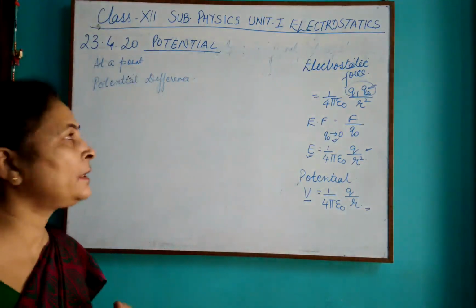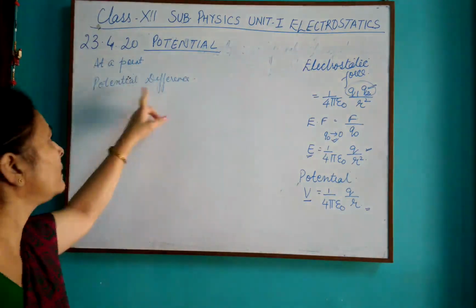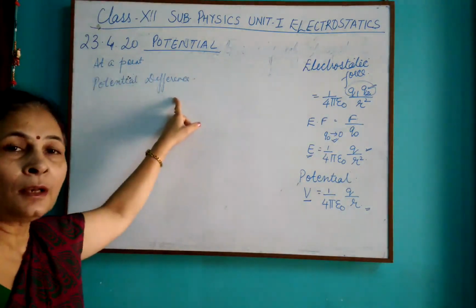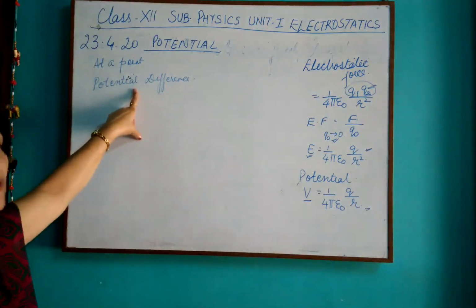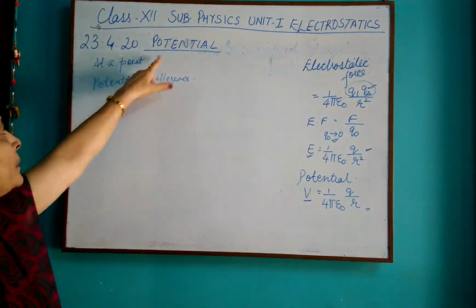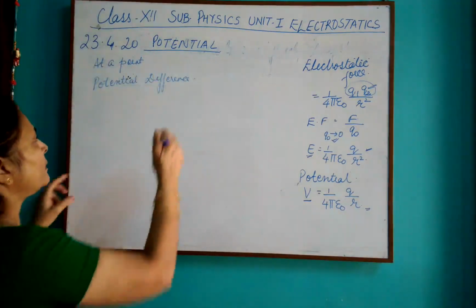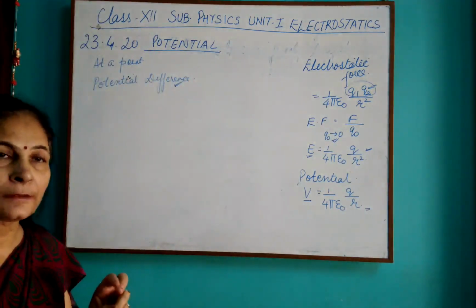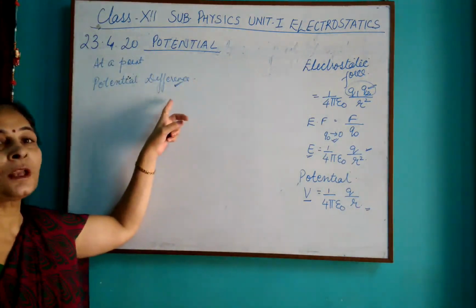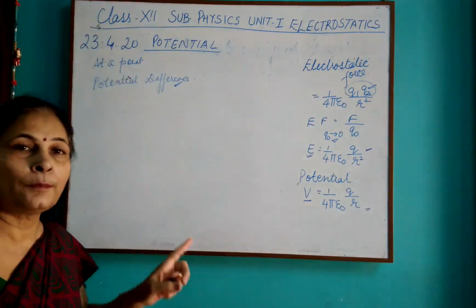Potential will always be defined at a point, certainly in the electric field, or we will define potential difference. To find out a mathematical expression for potential at a point and potential difference, first we find out an expression for potential difference, and then that expression can be limited for finding out at a point.